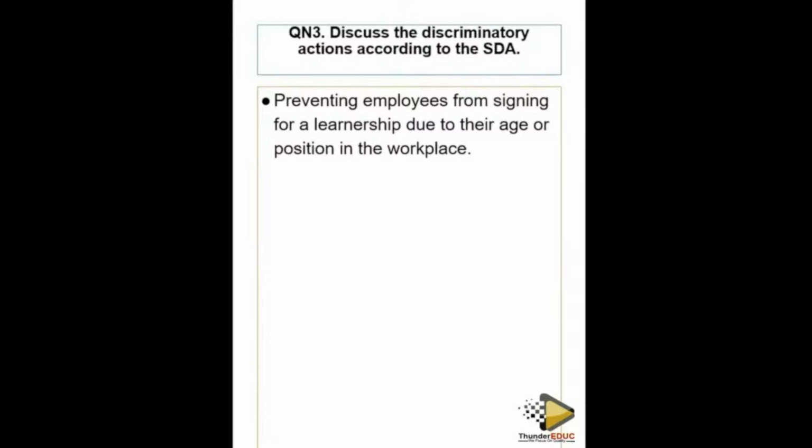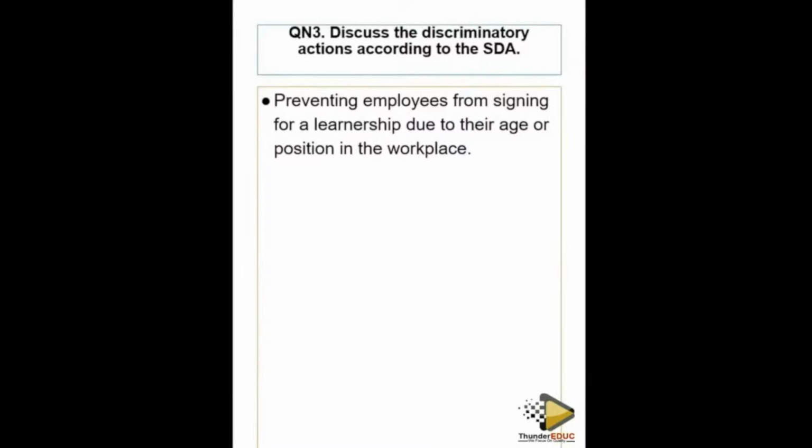But now you see some businesses, even though some people do qualify, they don't give them that chance to take part in the Skill Development Act. But now they'll be looking for their relatives. They'll be looking for their friends. They'll be looking for whoever is close to them.